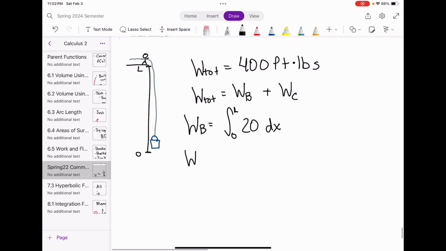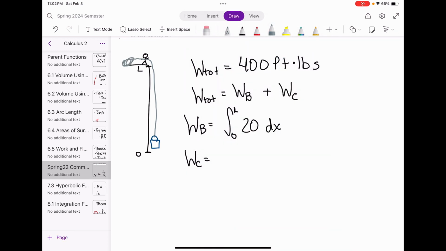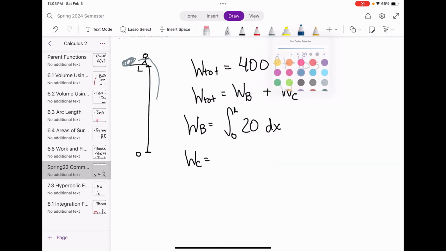Whereas with the cable, it is going to change, because as you pull more cable here, use that gray color again, there's more cable here and less cable here. Let's say I throw that bucket away, and it's only halfway there now. Suddenly you're still holding the same bucket, right? But you're holding less cable.